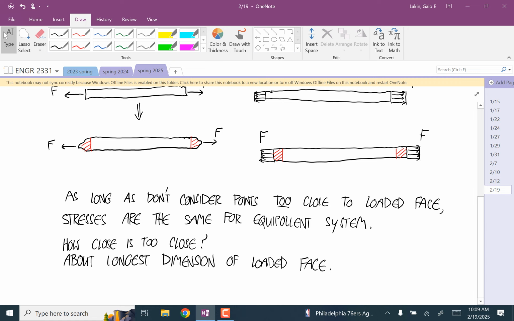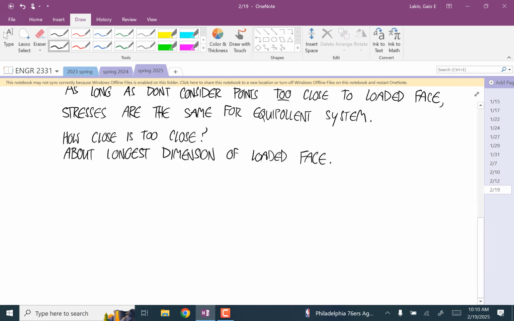So that's a really good question, and yes, actually, I was going to give an example showing, so yeah, if the loaded face is on the same order of length as the other faces, then this is not useful. That's right.